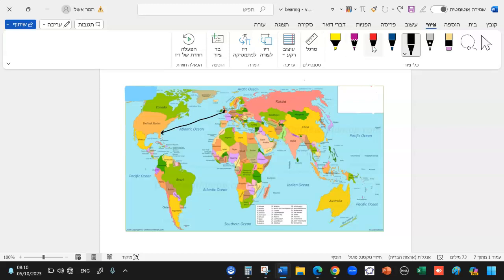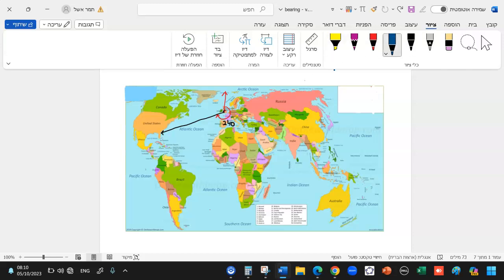So what is your bearing? You take the north, and this is the angle from the north. This is around 240. You sail at bearing 240.